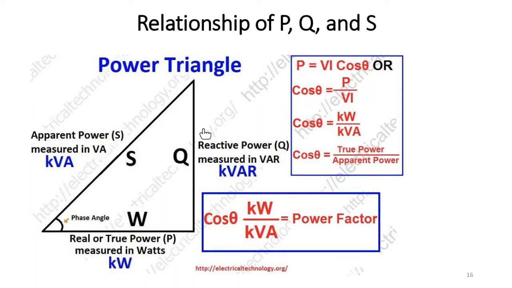The more reactive power you need, the more S will be. And then the power factor, as you are familiar with, is the real part over the apparent part, in kilovolt ampere. That gives you the power factor, and we want this power factor to be as close to unity as we can.